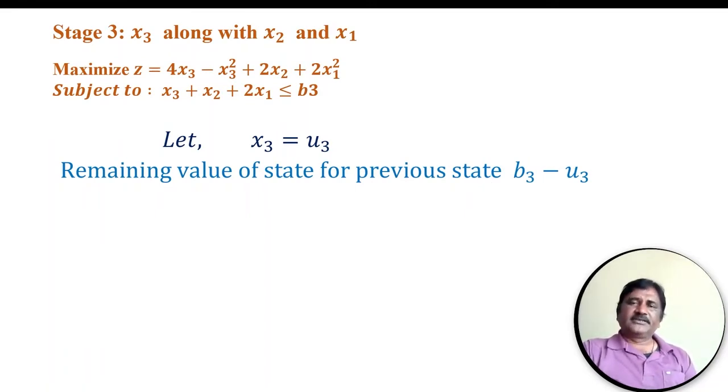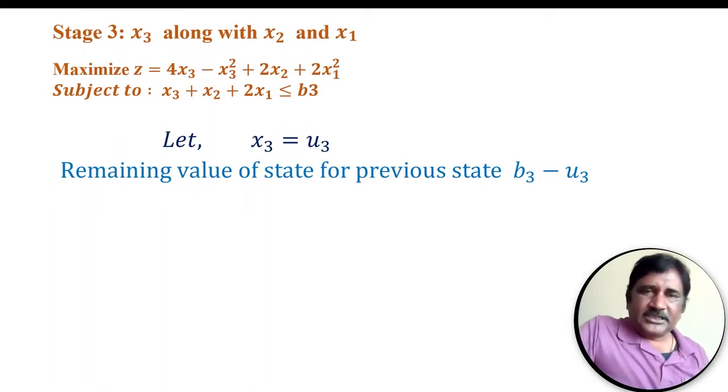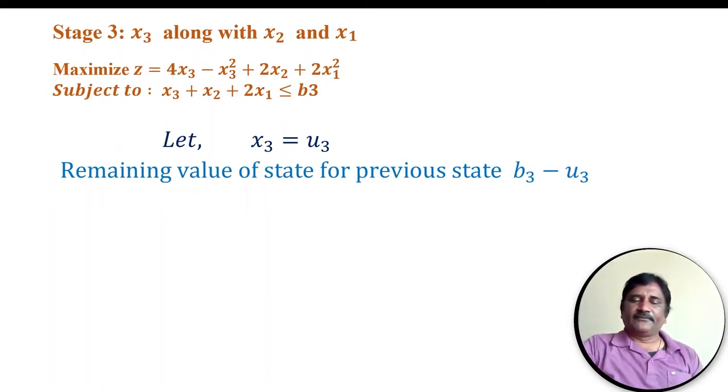Now the optimal return for the remaining value of state from the previous stage, we know that if your state is less than equal to 4, then it is twice the parameter value. Like f2 star of b2 was twice b2 for b2 less than equal to 4.